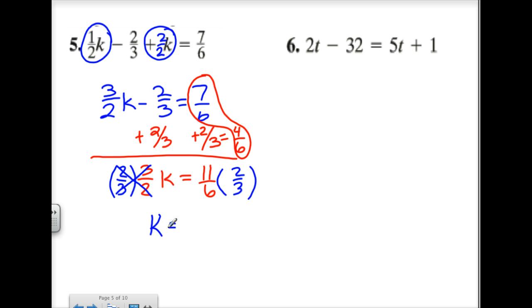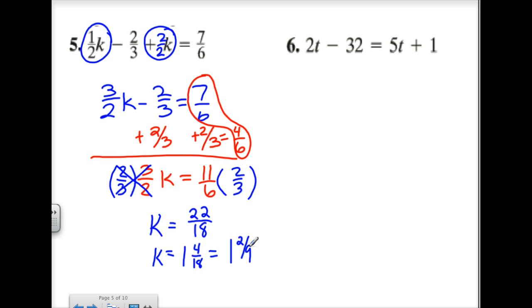Now I'm going to multiply the top, 11 times 2, which gives me 22, and 6 times 3 is 18. I need to reduce that, so I end up with 1 and 4/18 left, and I can rewrite that in a simpler form, so it becomes 1 and 2/9.